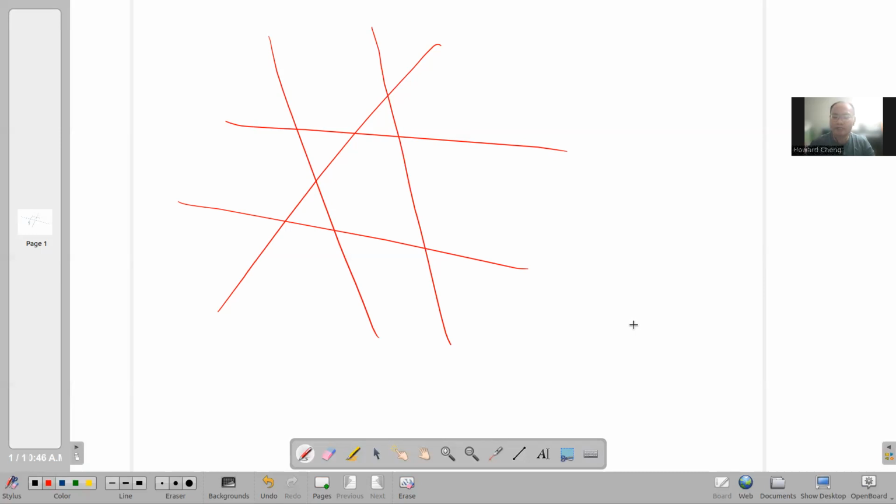And if they intersect, then count plus plus. That's the number of streets they intersect. And at the end, you just ask, is count even or odd? If count is even, you say same. If count is odd, you say different.